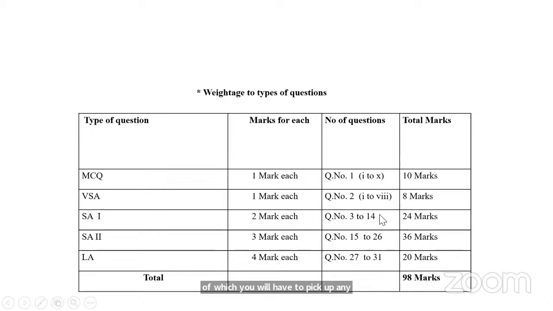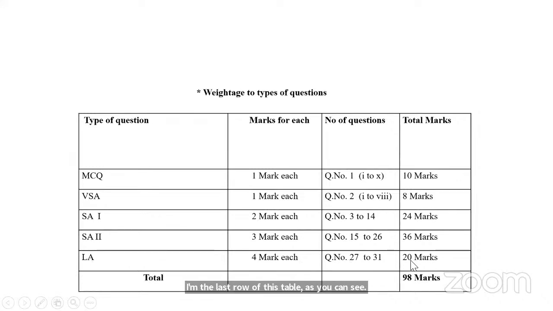for 16 marks. Similarly, as you can see, the next row, which is of short answer type 2, that is section C of your question paper, is of 3 marks questions. You will be given 12 questions. So the total is 36 marks, out of which you will have to pick up any 8 for 24 marks. And the last row of this table, as you can see, is long answer questions.